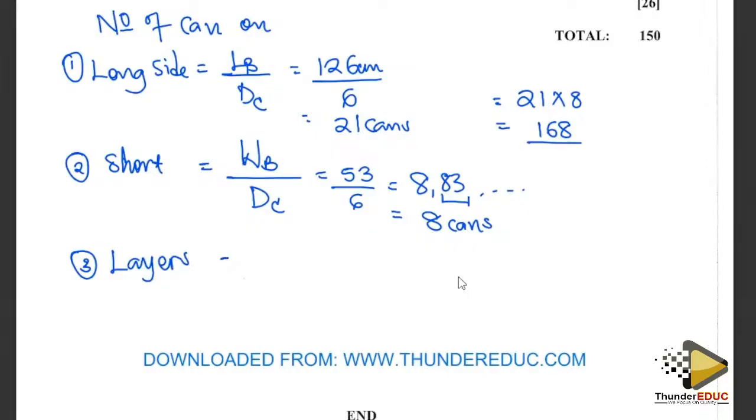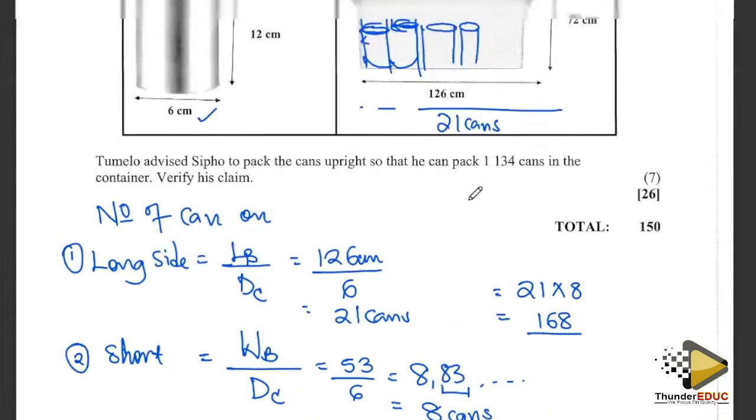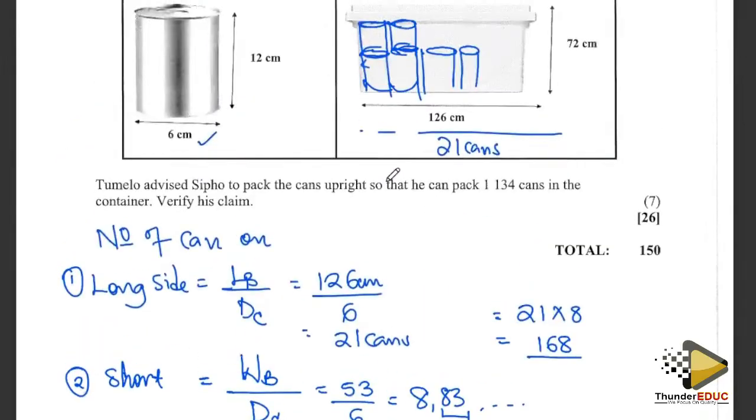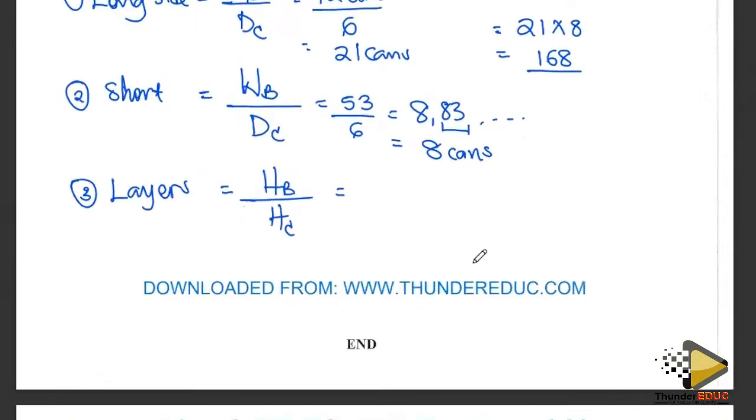We shall take the height of the box divided by the height of the can. So the height of the box, let's remind ourselves, it's 72 and the height of the can is 12. So 72 divided by 12. We have the answer as 6.